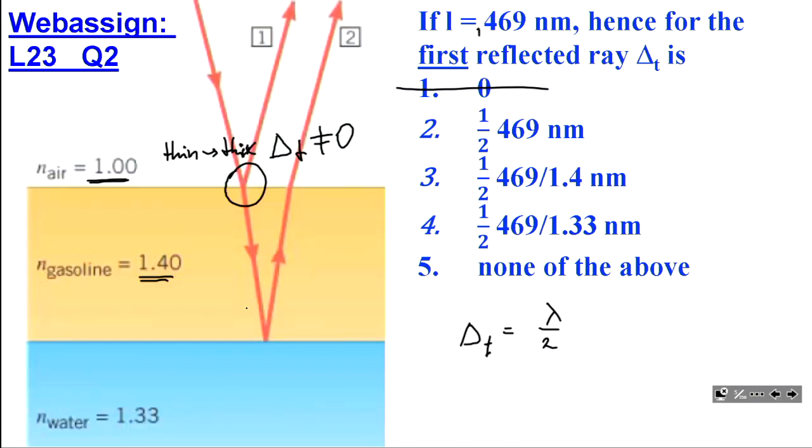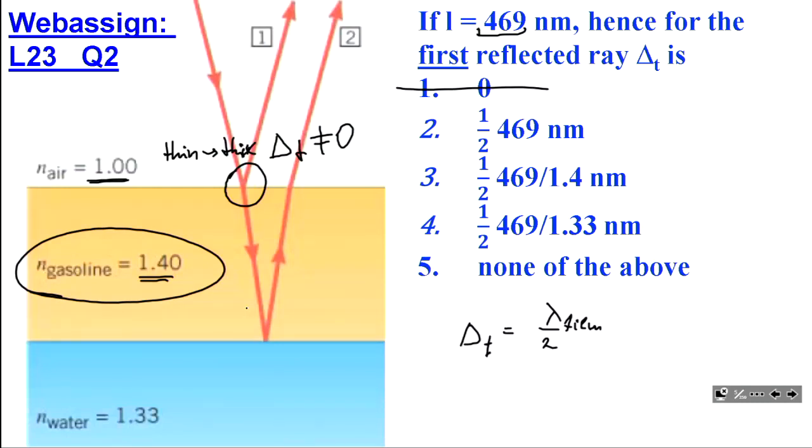That's the wavelength. Where? 469 nanometers, that's the wavelength where? Vacuum or air. But this wavelength should be in the film, and the index of refraction of the film is 1.4.